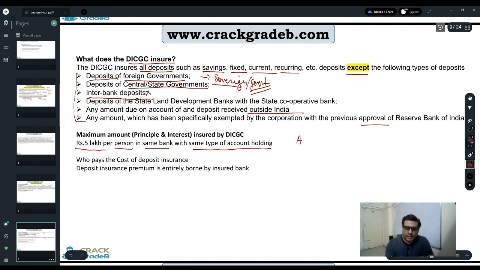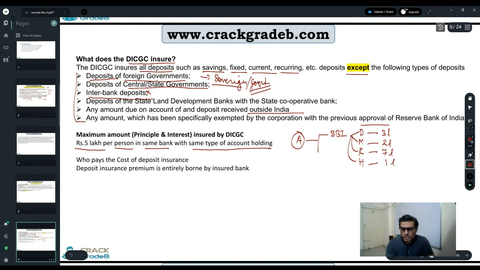Suppose there is a person A who has deposits in SBI at the Delhi branch, Mumbai branch, Kolkata branch, and Hyderabad branch: 3 lakhs here, 2 lakhs here, 7 lakhs here, 1 lakh here.